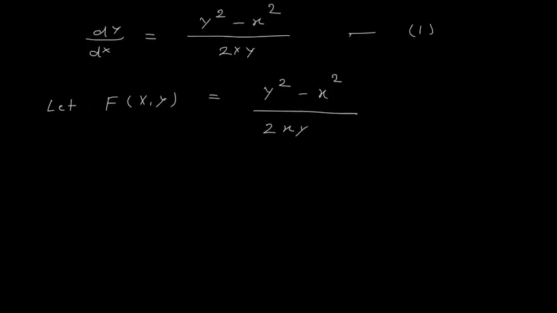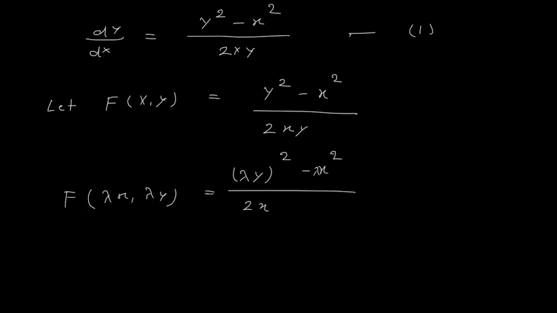Now f of lambda x comma lambda y will be equals to, y is replaced by lambda y, so it is lambda y the whole square minus x square upon 2, this is lambda x the whole square, 2 lambda x into lambda y.